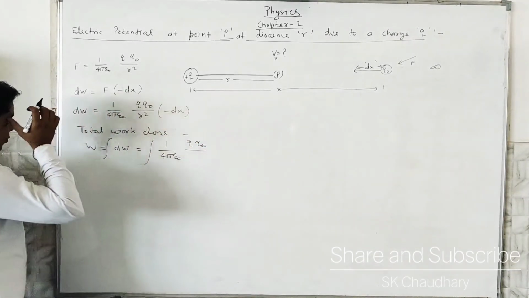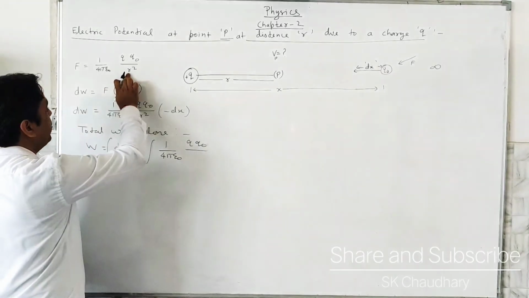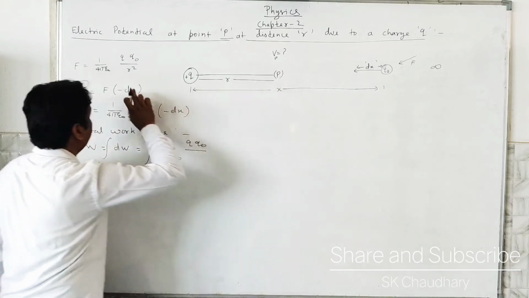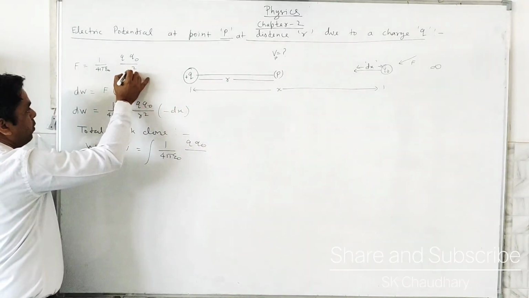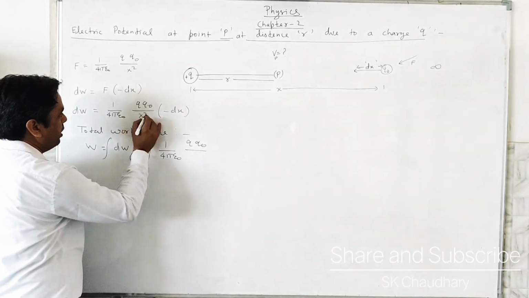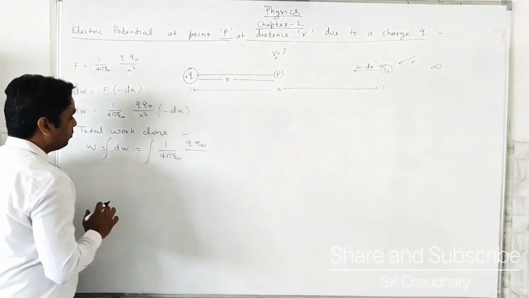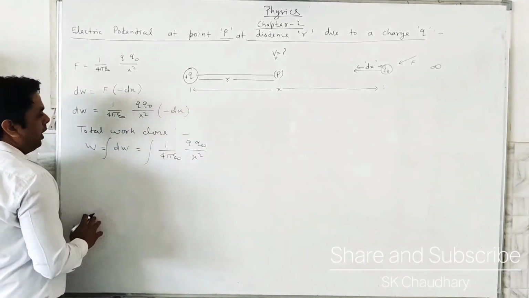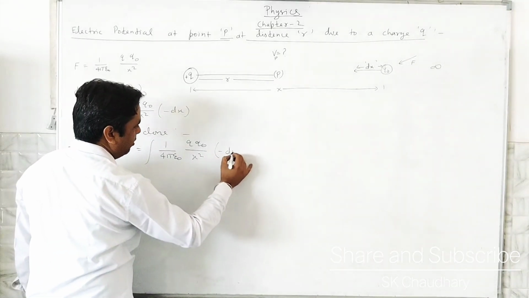Now see that r square: we have not put the distance r here. The distance here is x, so we will make a correction. x square will be the distance in the force, and here also x square will be the distance between the two charges. So here x square will come, and minus dx will remain as it is.